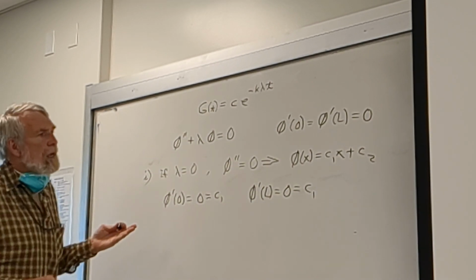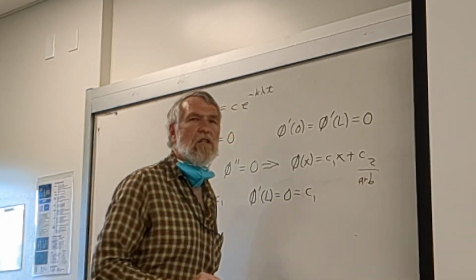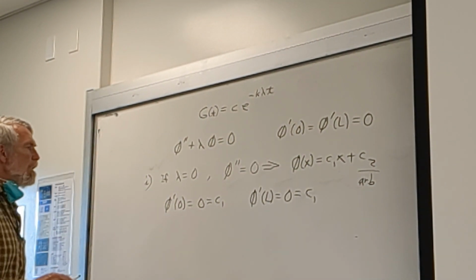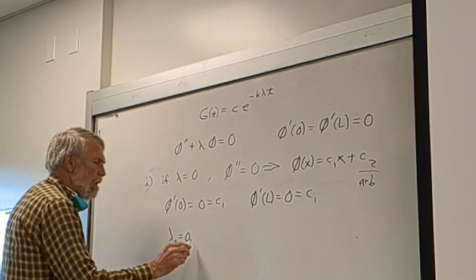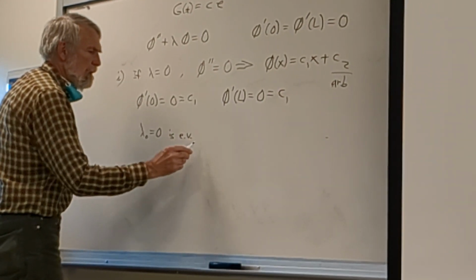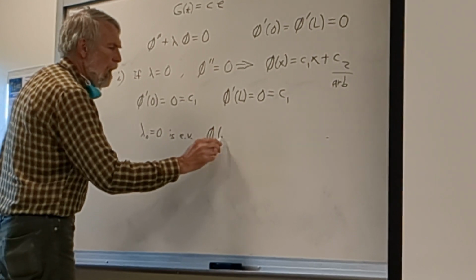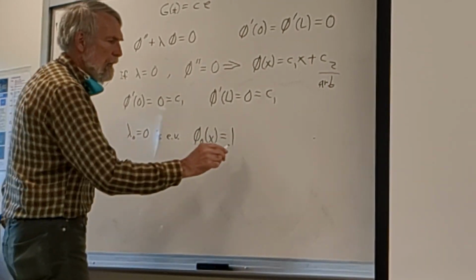So what we have here is that C2 is arbitrary. That tells us that lambda 0 equals 0 is an eigenvalue, and phi 0 of x, we might as well take it equal to 1, is an eigenfunction.